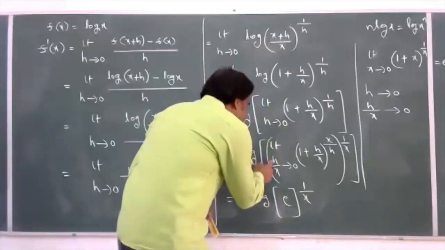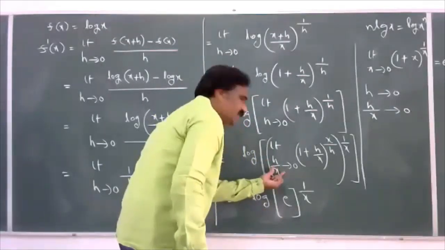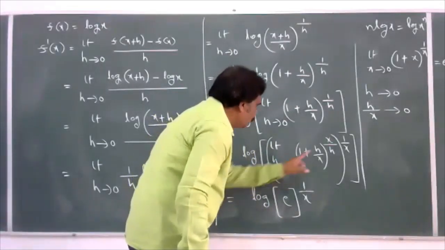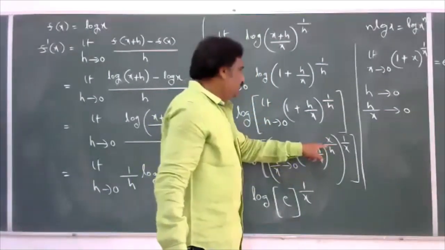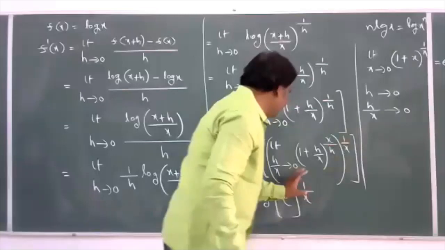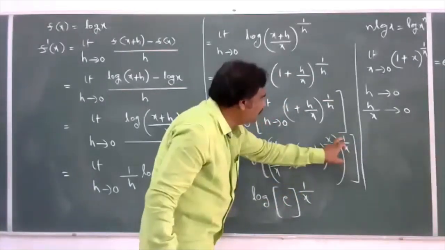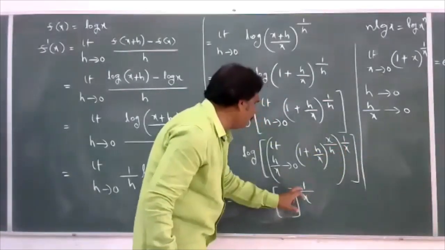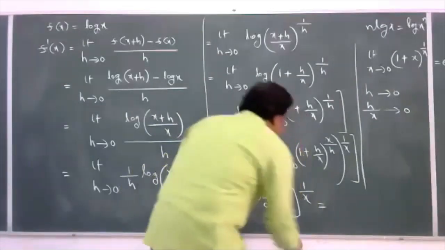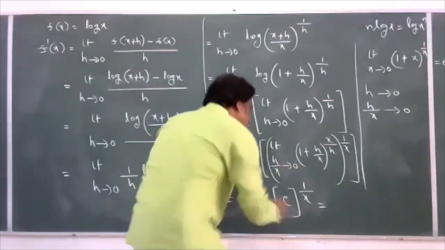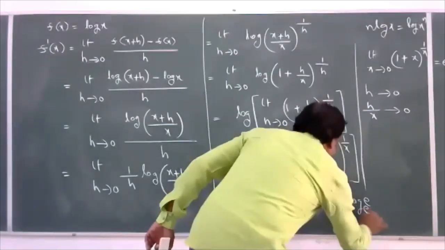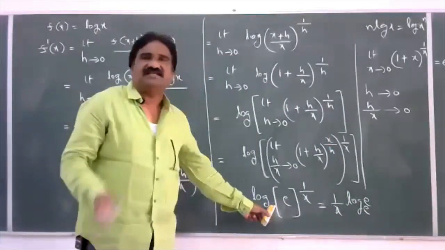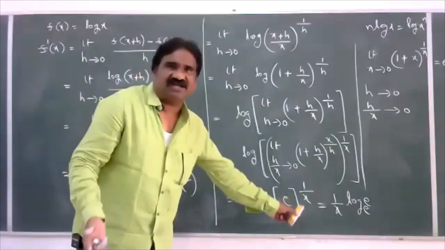h by x is considered y. That is limit y tends to 0 of (1 plus y) whole power 1 by y. Using this formula, that is e, e power 1 by x. By using the logarithmic formula, the power comes out like this: 1 by x into log e to the base e. Here there is no base, so you take the general base, that is e.